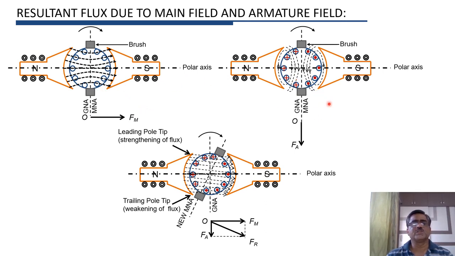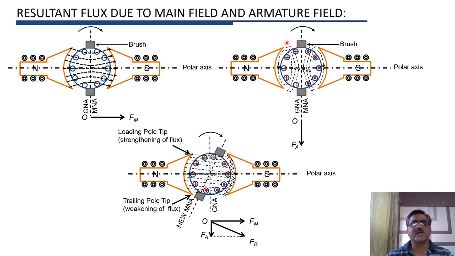Means when the machine is working, there will be main flux as well as armature flux, and therefore there will be effect of armature flux on main flux, which we call armature reaction.